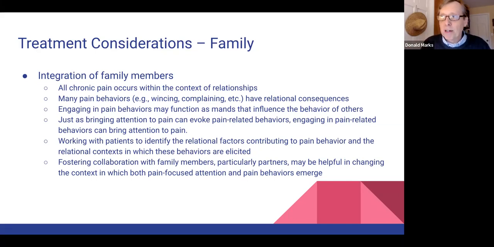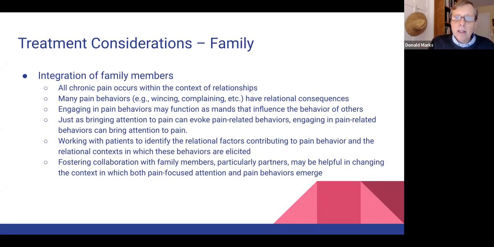If anybody remembers B.F. Skinner's theory of verbal behavior, the moan that I emit when I move and my back hurts can serve as a command for someone in my family to take action about my pain. And so these kinds of relationships and behavioral consequences emerge and are usefully looked at in the family.